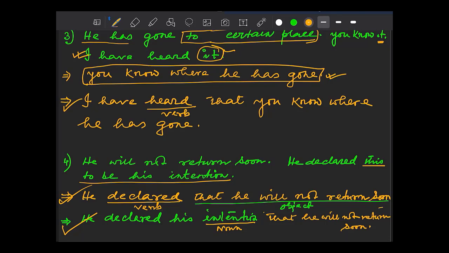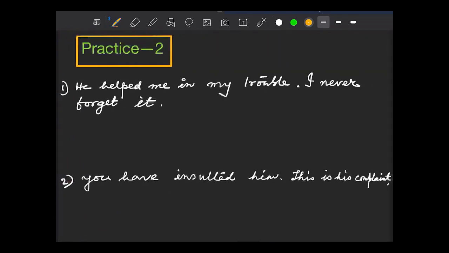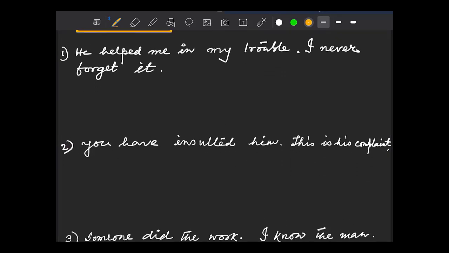Now go to the second sheet and do the same. Copy them in your exercise books one by one and do the works, and later check the works with my works. Okay, now see. He helped me in my trouble. I never forget it. Number 2, you have insulted him. This is his complaint.